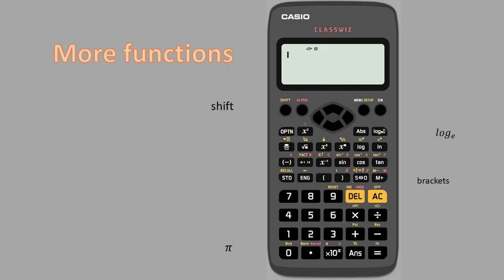The functions being introduced are in addition to the ones used in part one of the series: Log E, which is a natural log, brackets, and the shift key used when a button has dual purposes, in this instance pi.